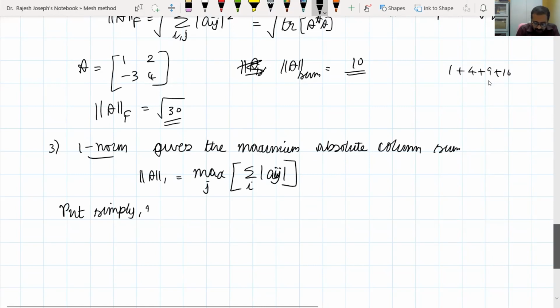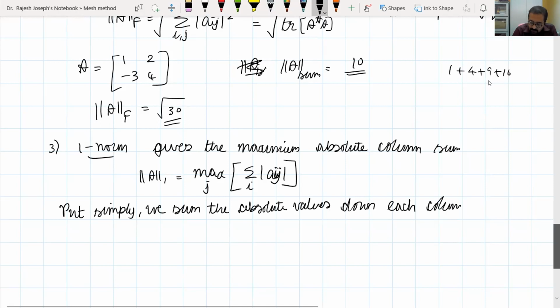We sum the absolute values down each column, and then take the biggest value.